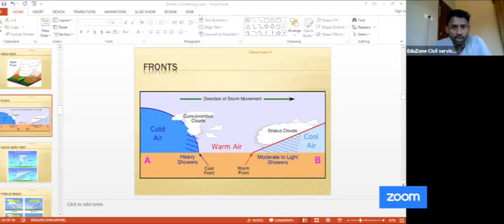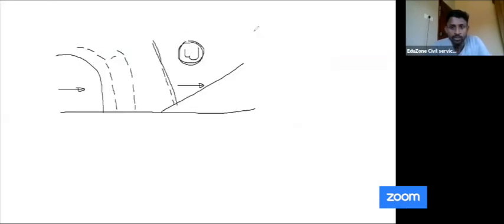Clear? I'll give you one more figure here. These areas are best explained with respect to figures and symbols. Now if I want to show a symbol and cloud association in this area, do you remember how this line was initially? This was the line, right? On the western side of this line, we have seen the cold front, remember. The eastern side had the warm front. We have drawn this.